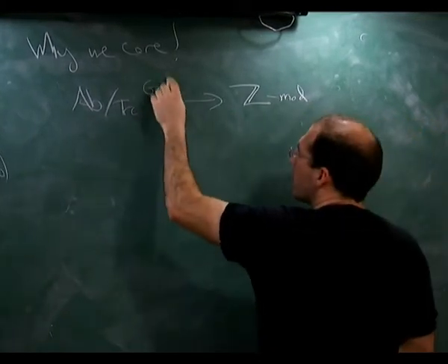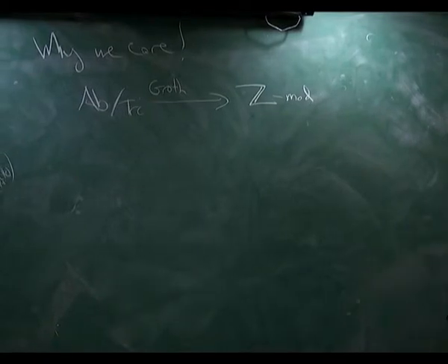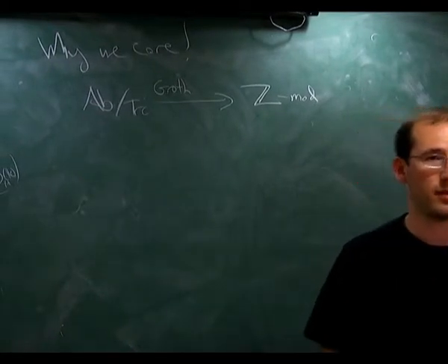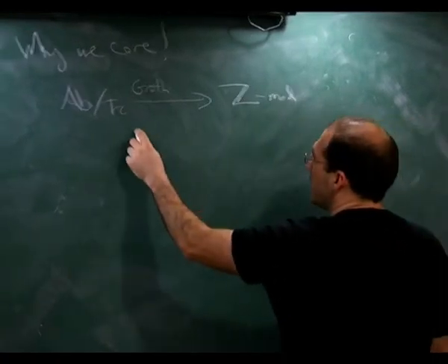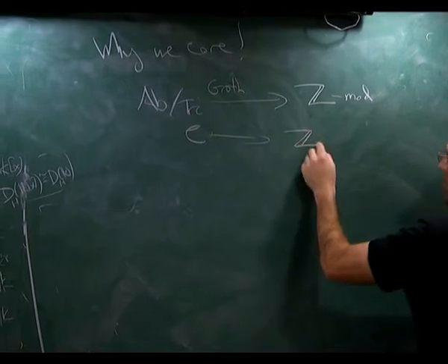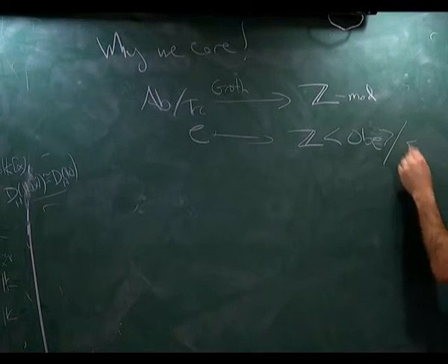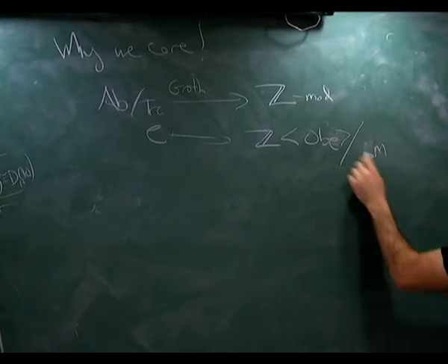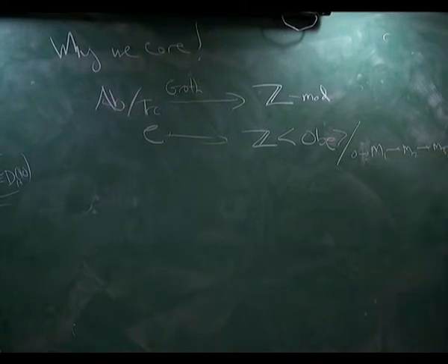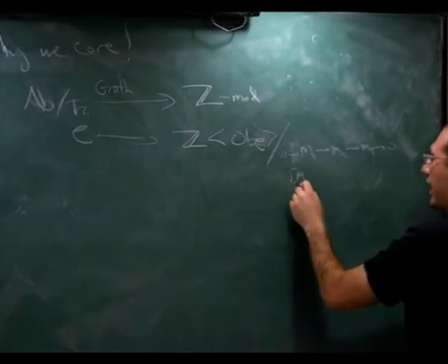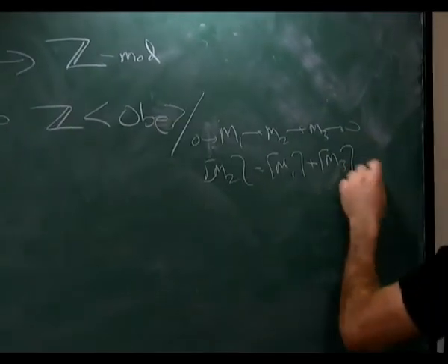This construction basically records just the information about the objects: what are the objects and how do they take direct sums. What you get is the free Z module generated by objects in C, modulo the relation that if you have a short exact sequence, the class of M2 is the class of M1 plus the class of M3.